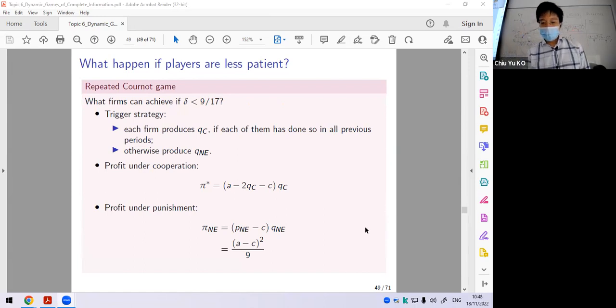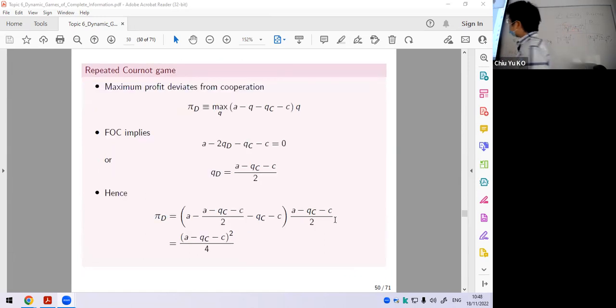And so we figure out that if under the collaboration everyone produces QC, you also produce this. If the other guy remains the same, what is the best you can do, right?